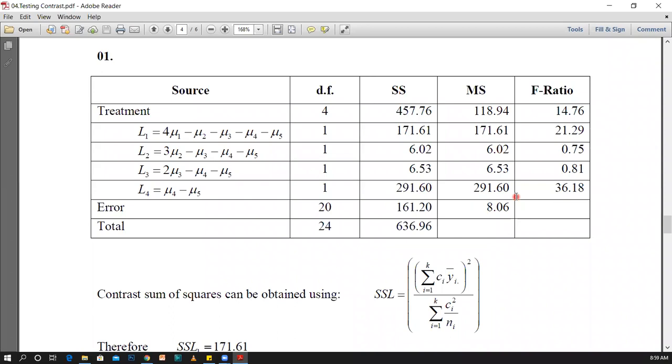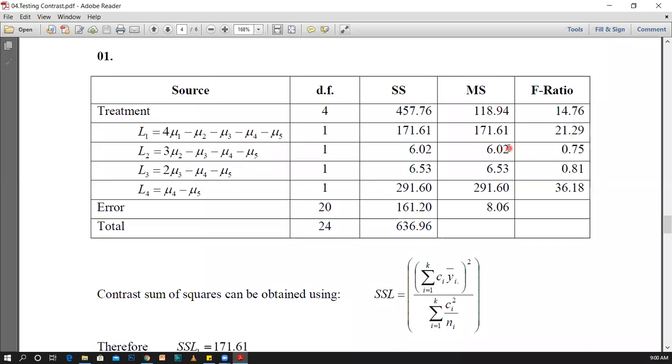Now we have to calculate the F ratio. To calculate the F ratio, we divide the MS value by the MS error value. 418.94 divided by 8.06 gives 14.76. That is for the treatment, which we have already identified. For the contrast, 171.61 divided by 8.06 gives 21.29.